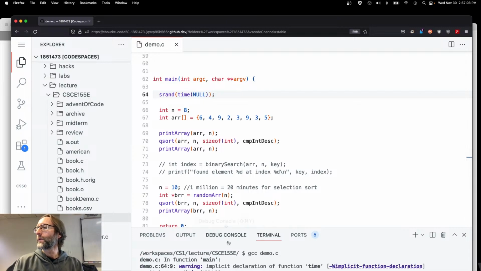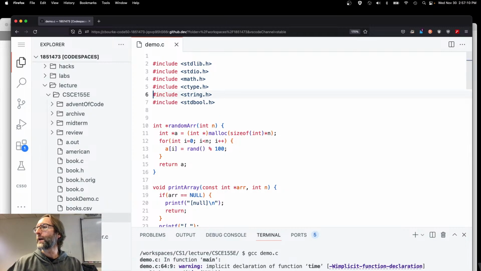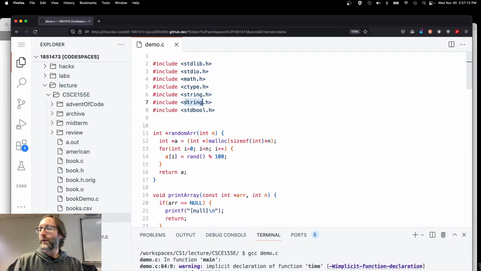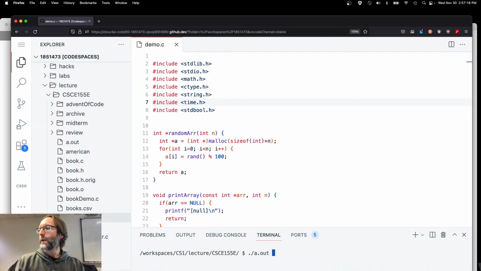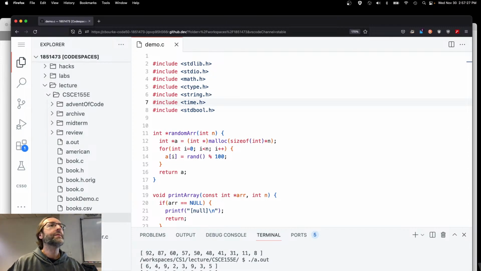And recompile that. Oops, I need to bring in the time library now because I'm using it. There we go. Now let's run this and see if it works. 92, 87, 60, 59, all the way down to 8. Is that in descending order? Good. Run it again.